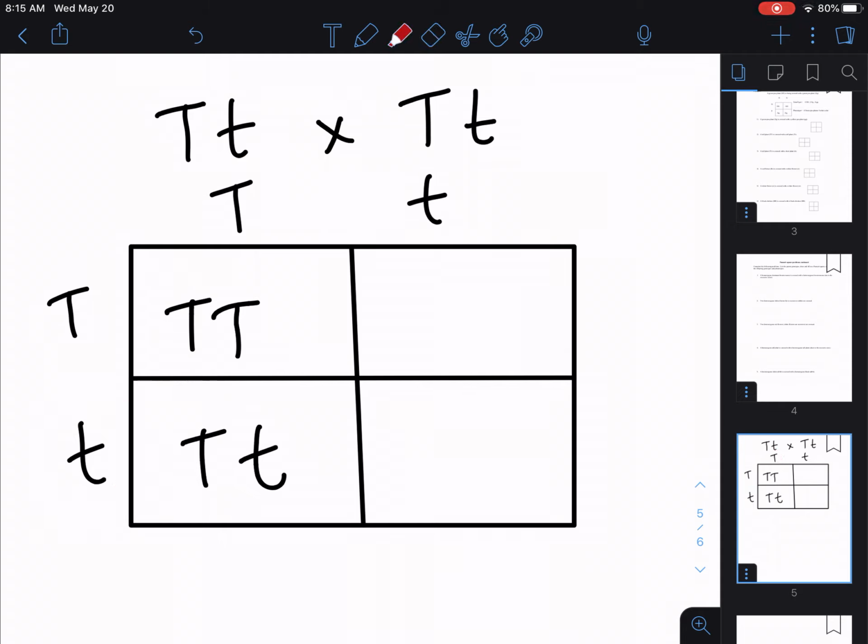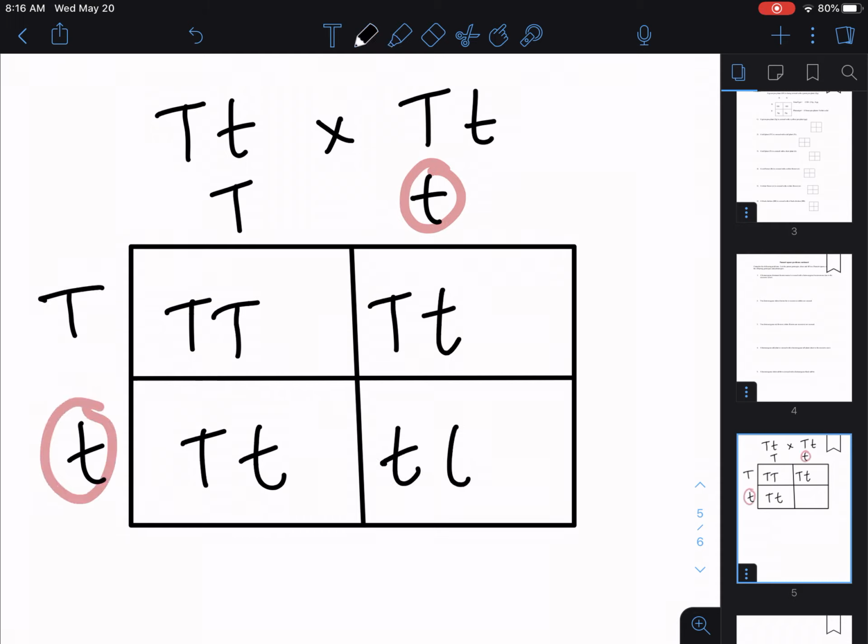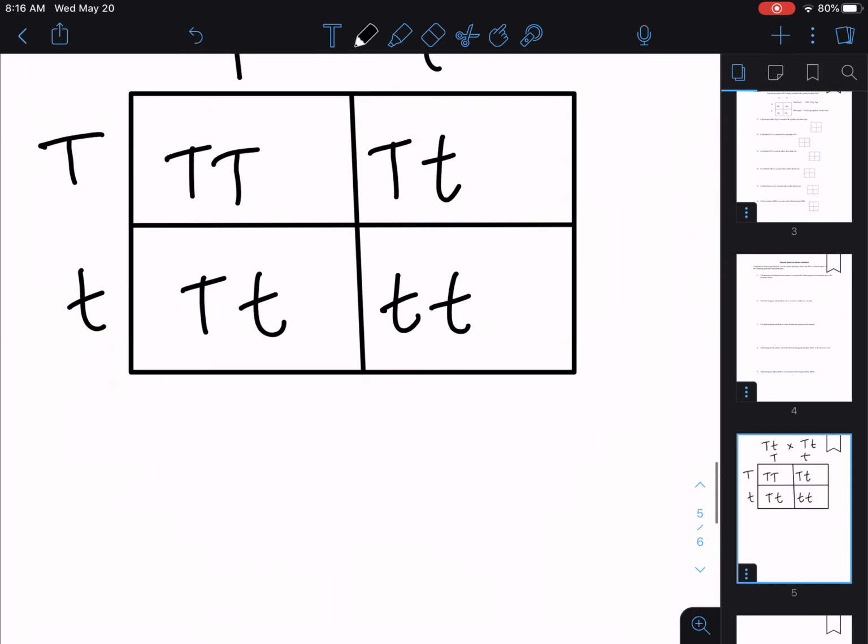Next, we're going to do little t, big T. And you always start with uppercase capital. So big T, little t. And then we're going to end with little t, little t. Let me fix this too. Then we have little t, little t.